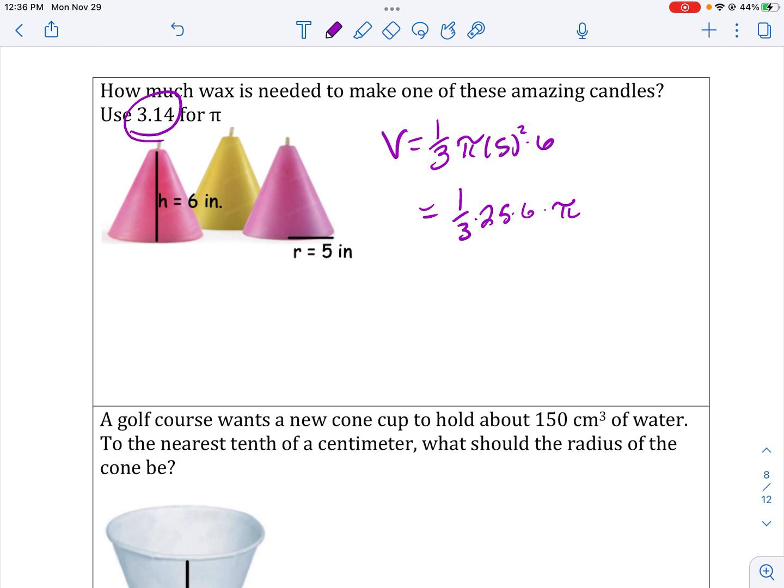So I have 1/3 times 150 times pi. 1/3 times 150 just equals 50 pi. So here is where I will substitute 3.14 in for pi. So 50 times 3.14 gives me 157 cubic inches.